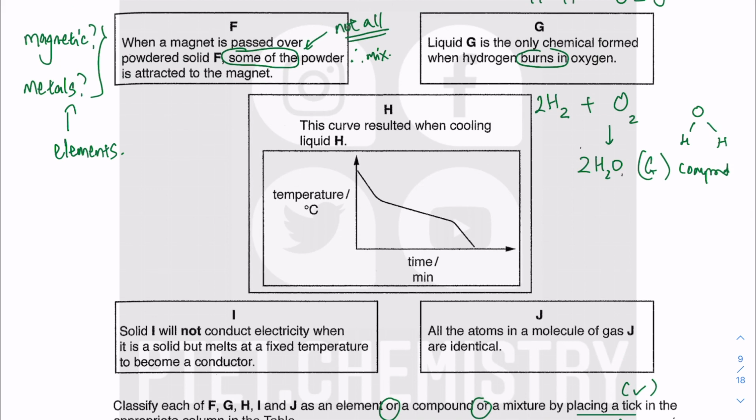H, this is the curve that resulted when cooling. So this is a cooling curve, and if you are careful, you should realize that what is happening here is this is starting to cool, start to change state, and this is ending for change of state.